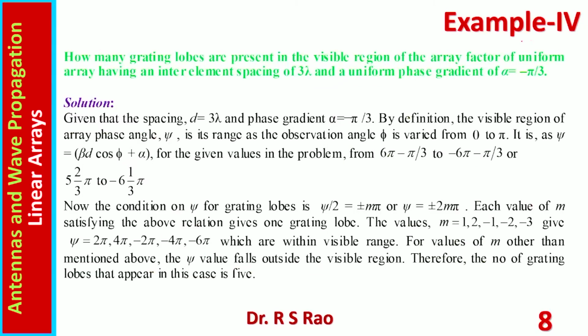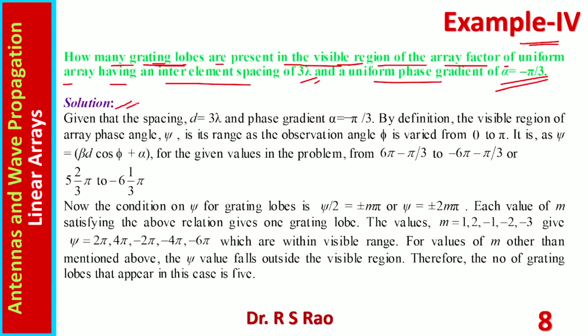Now we move to another problem, example 4. How many grating lobes are present in the visible region of the array factor of a uniform array having an inter-element spacing of 3 lambda and a uniform phase progression or gradient alpha equal to minus pi by 3? We are asked to determine grating lobes in the visible region. Solution.